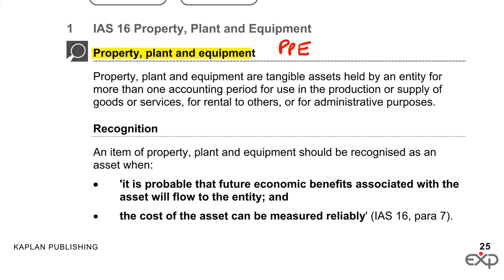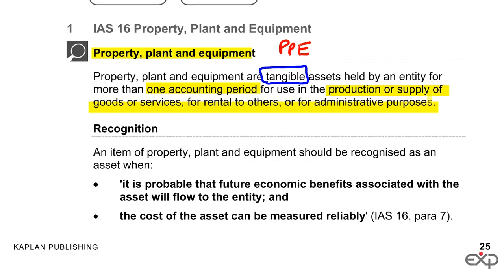Now, PPE is defined as something that's tangible. That means you can touch it, you can kick it, you can feel it. And it's held by an entity for more than one accounting period, and we use it in the production or supply of goods and services, rental to others, or for administrative purposes.